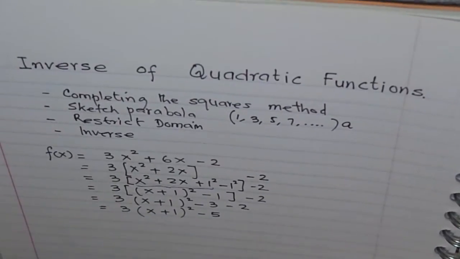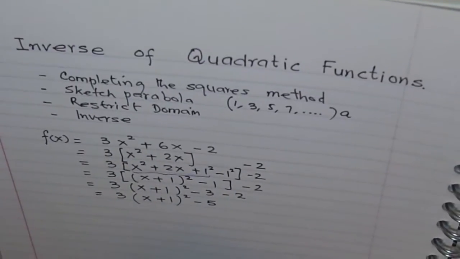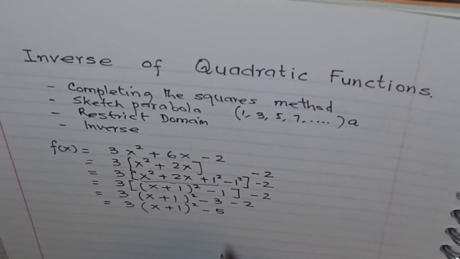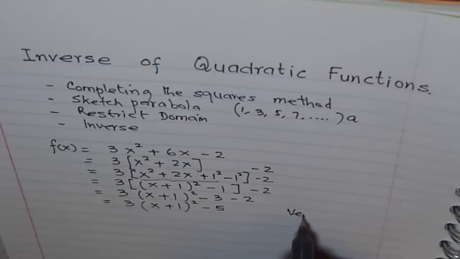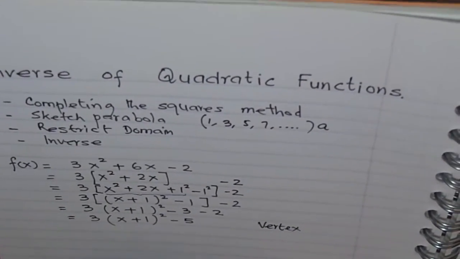Now, this is the equation of our function in vertex form. Here, what is the vertex? The vertex is minus 1, minus 5.